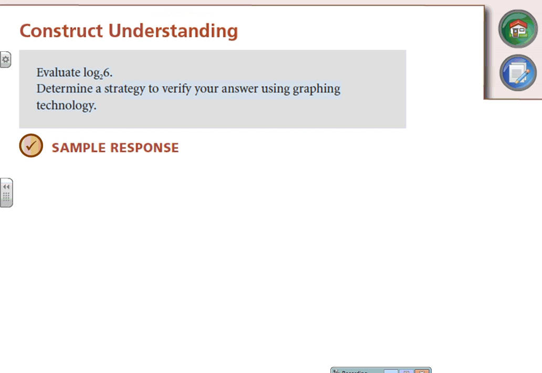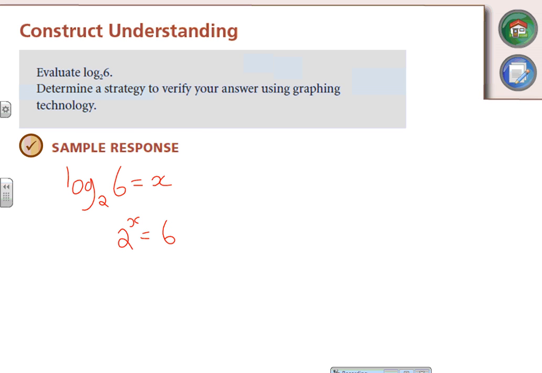Now, playing around with this question yourself kind of helps you to develop the strategy. Let's start with log base 2 of 6, and let's just make it equal to x. Well, let's solve it by taking it into exponential notation. So the base stays as a base, 2 to the x is equal to 6.